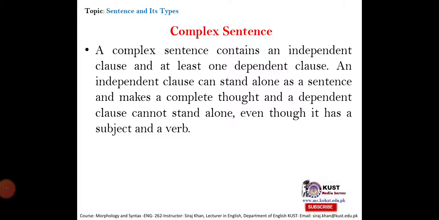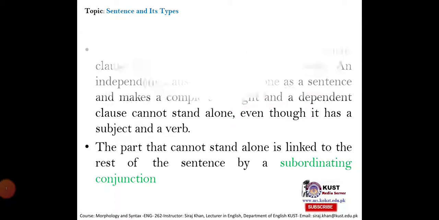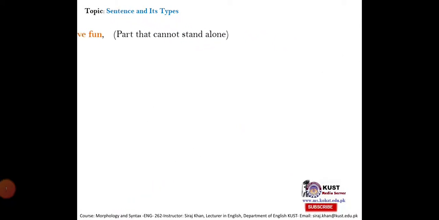So a complex sentence has at least two parts, one that can stand alone and another one that cannot. The part that cannot stand alone is linked to the rest of the sentence by a subordinating conjunction. So in a complex sentence, we can have a subordinating conjunction.